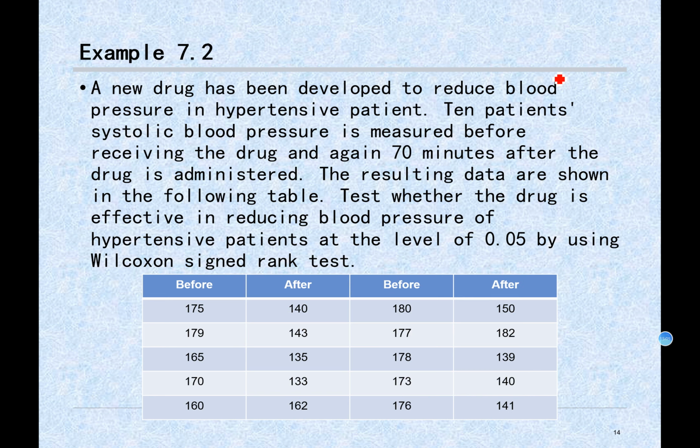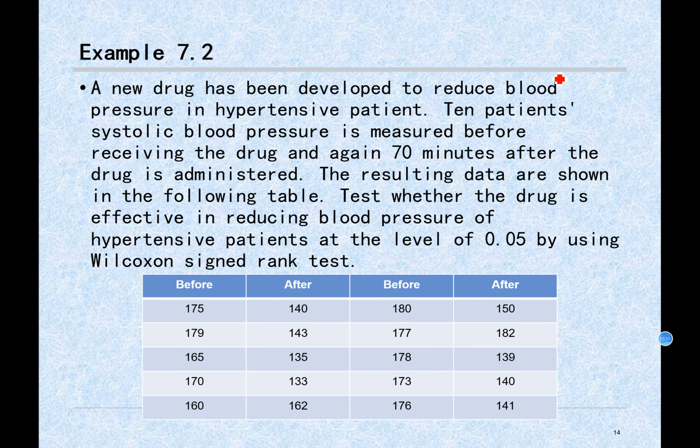And next, here is another example. We use the same method, the Wilcoxon signed rank test, but this is an example of paired samples. So we know that the Wilcoxon signed rank test can be used for paired samples tests too.